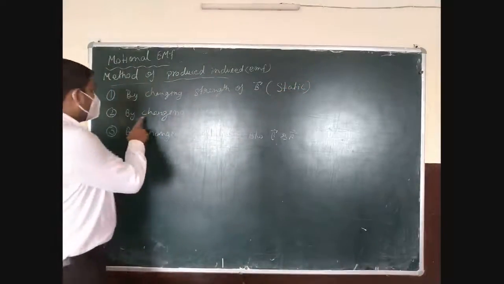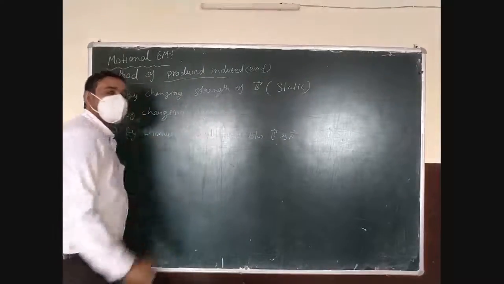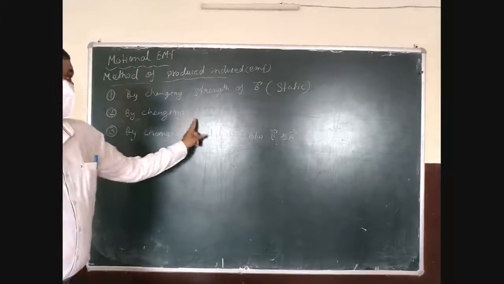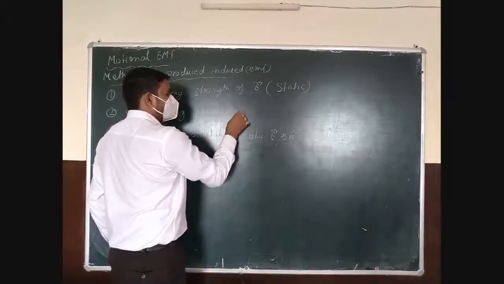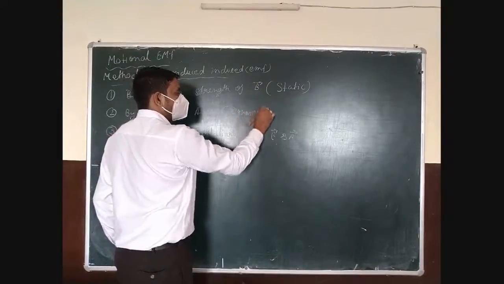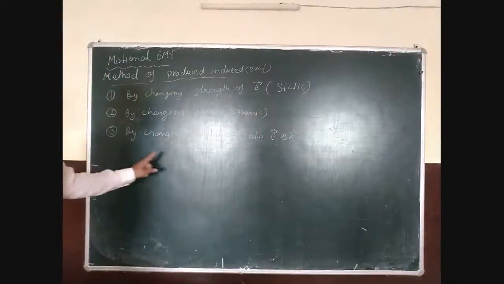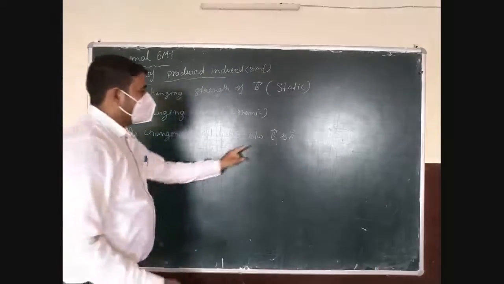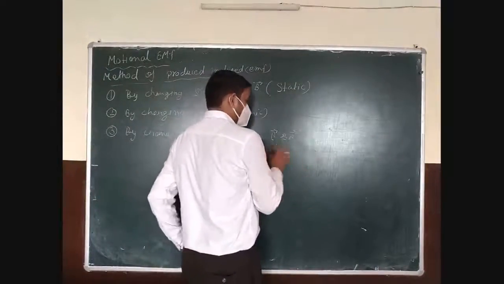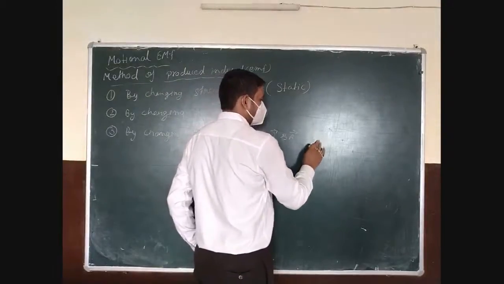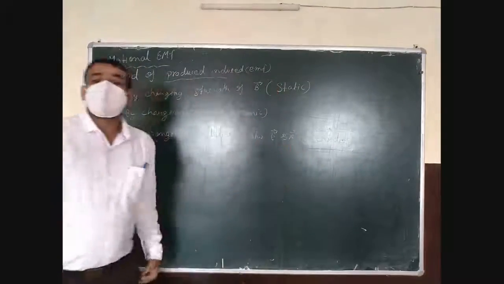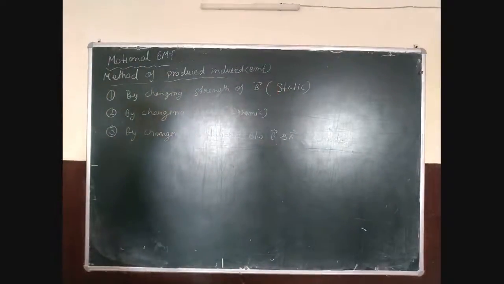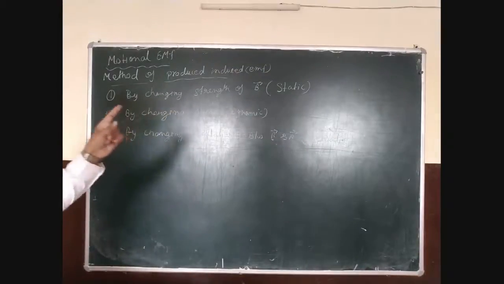When we develop the EMF by changing the area, the induced EMF is dynamic, and by changing the orientation between the magnetic field and the area, the induced EMF is periodic. These are the methods and the types of induced EMF.